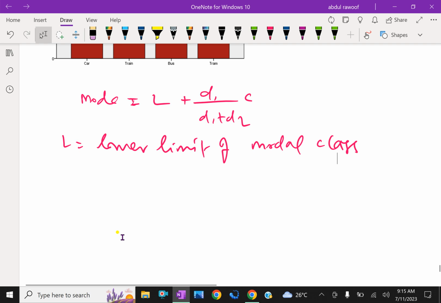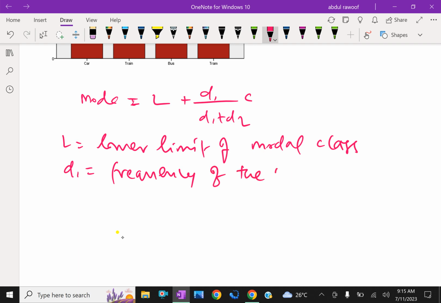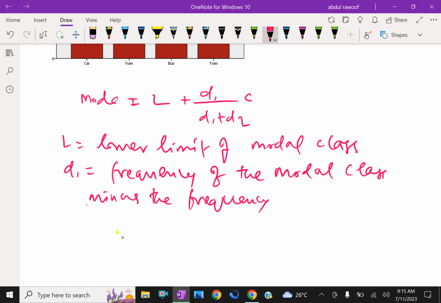Then D1 is the frequency of the modal class minus the frequency of the previous class.